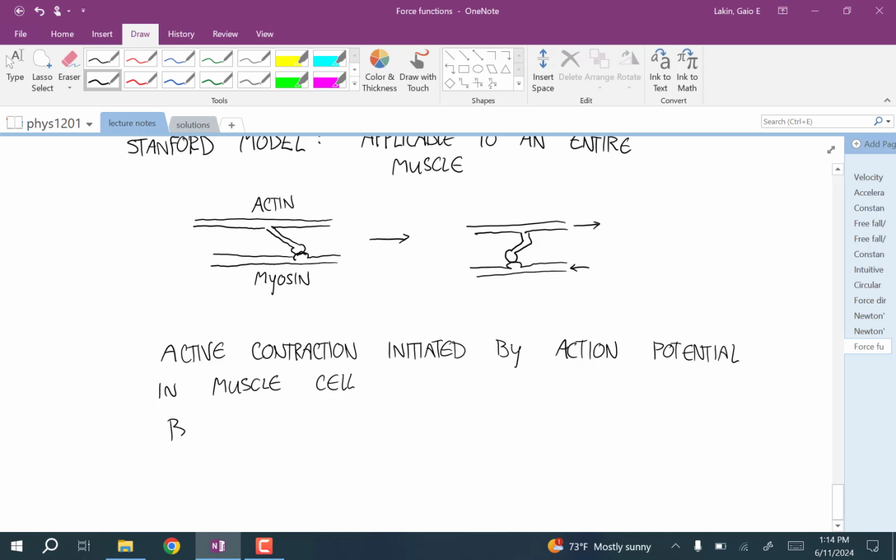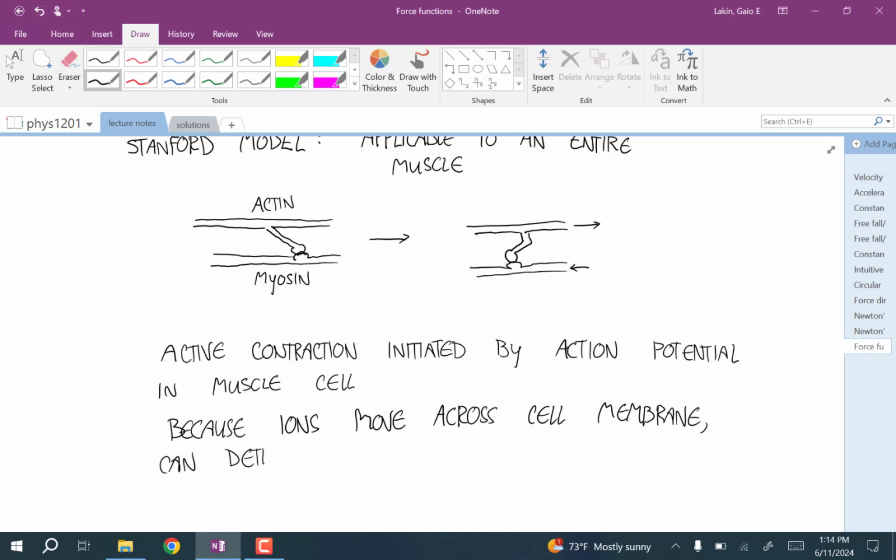So because these charged ions move across the cell membrane, you can detect electrical signals when the muscle is activated.